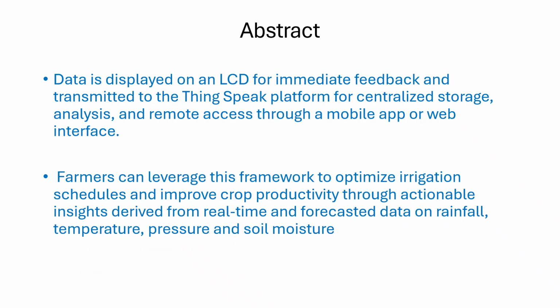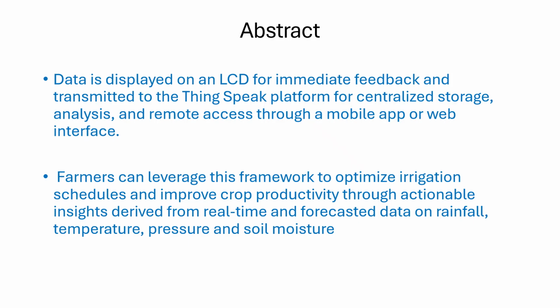Now coming back to the next point of the abstract, the data is displayed on an LCD screen. So the LCD screen was there in the IoT system, and data is displayed on that screen for immediate feedback. Meaning if the environmental conditions change, we can take a look back at the crop patterns.